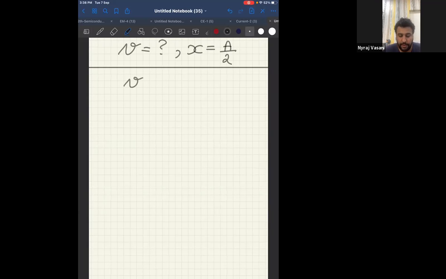Now, speed of the pendulum formula is omega root of A square minus x square, or V is equal to omega can be written as 2 pi by t into square root of A square minus x square. X square can be written as A square by 4.